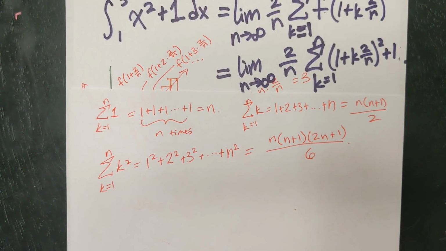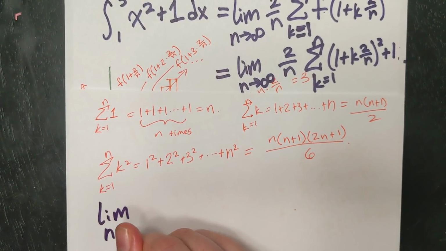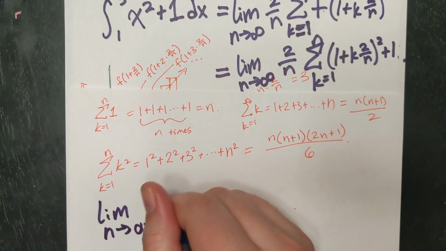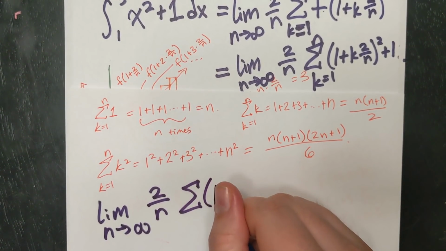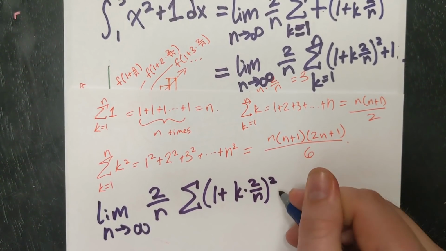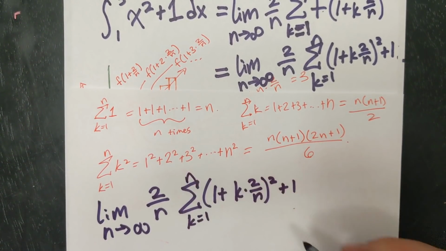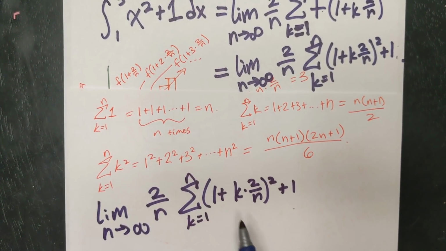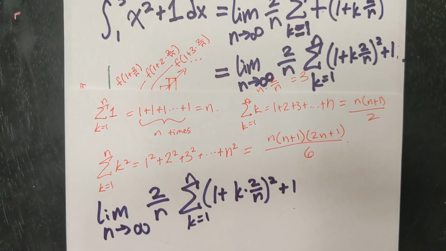So currently we have the expression, the limit as n goes to infinity of 2 over n times the sum of 1 plus k times 2 over n, squared, plus 1, from k equals 1 to n. We want to try and manipulate this to make it look like some combination of these that we're familiar with. So here we go.